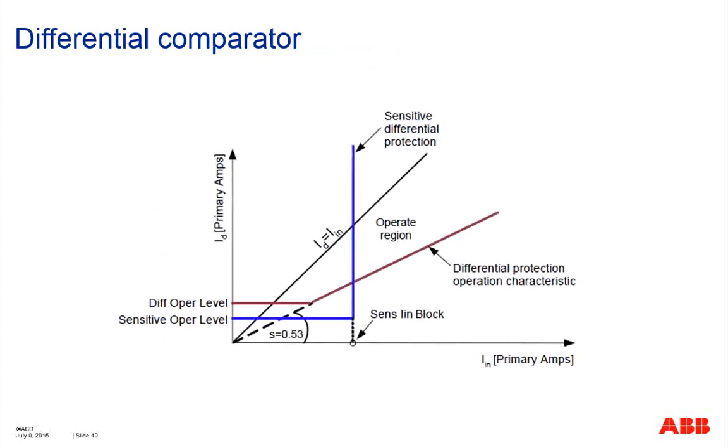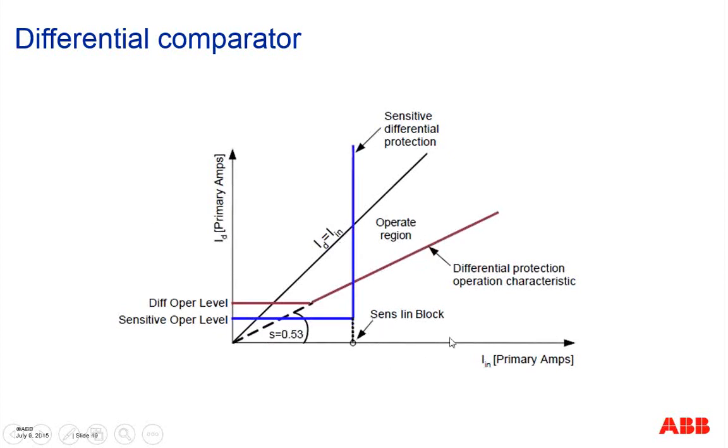It's very similar to the one I introduced before on the mechanical type with restraint winding. On the horizontal axis, you have your restraint current. On your vertical axis, you have your operating current. The higher your restraint current, obviously, the more operating current it takes to operate.